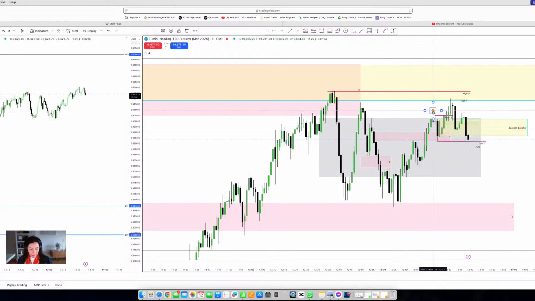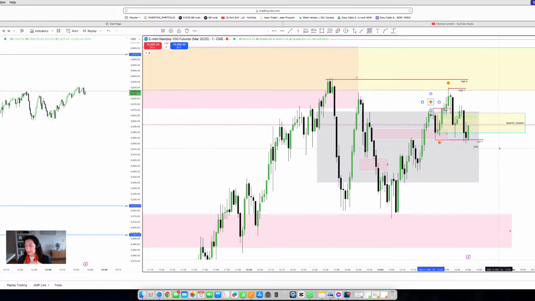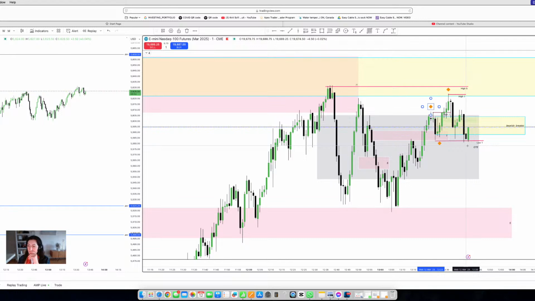There we go, starting to close below there now. High, low, higher high, lower low. I want to see more displacement. It's really not giving me much displacement.